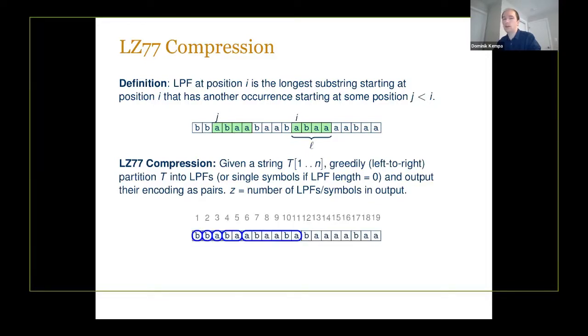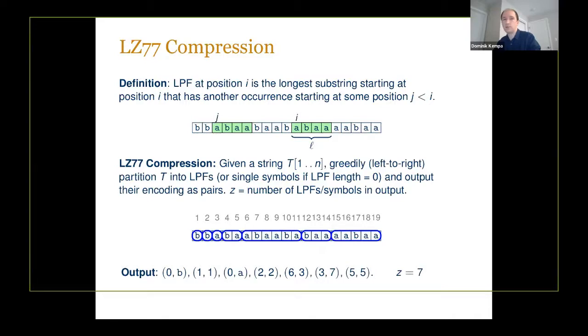Suppose we have already partitioned the string up to position 11. We then look at position 12, that's current i. We find that the LPF has length 3 and the earlier occurrence at position 7. So we output 3, 7 in the output. And then we continue at position 15. We do the same until we partition the whole string. And here we have 7 phrases, so Z is 7.